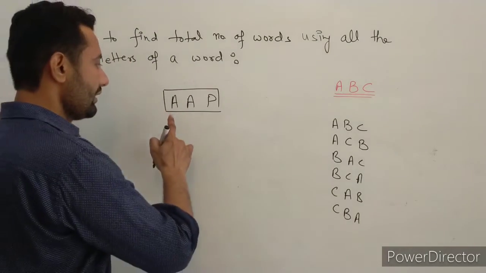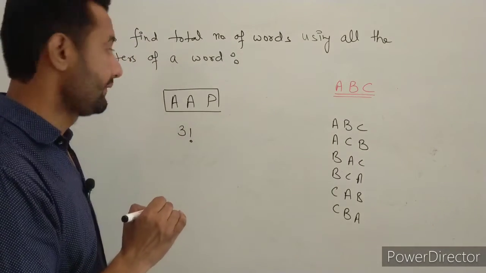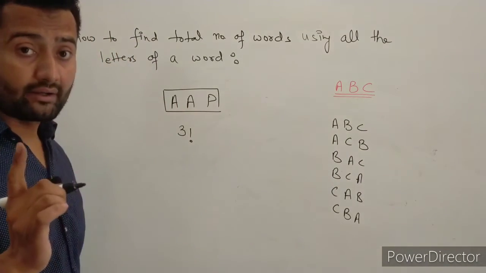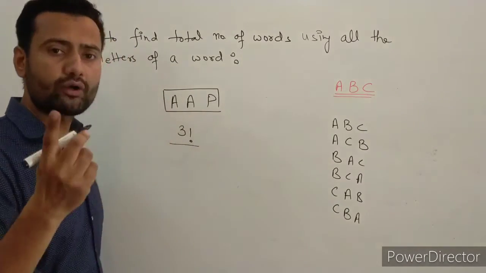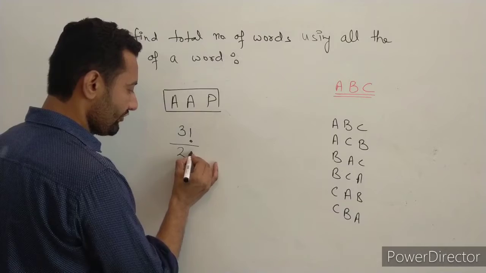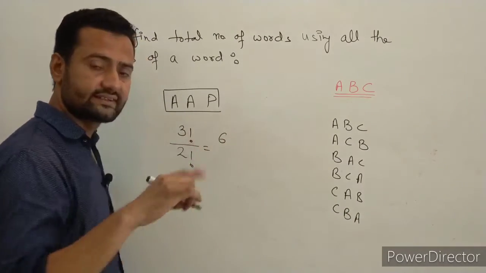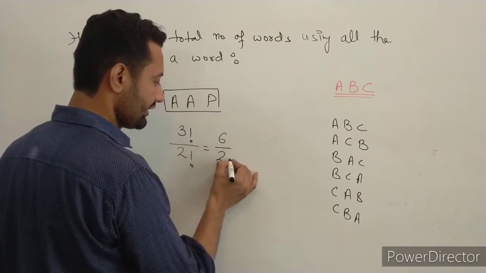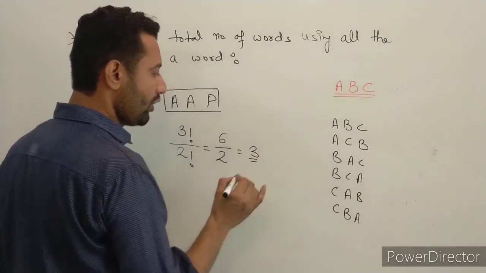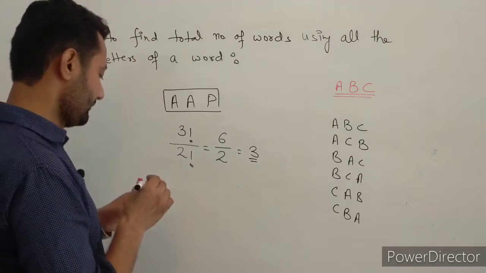Then it will be factorial 3, but divided by the repeated letter A, 2 times, so divided by 2 factorial. 3 factorial means 6, as 3 into 2 into 1, and 2 factorial means 2, so 6 divided by 2 is 3. Only 3 words will be made.